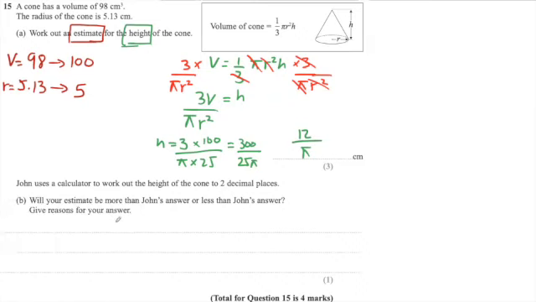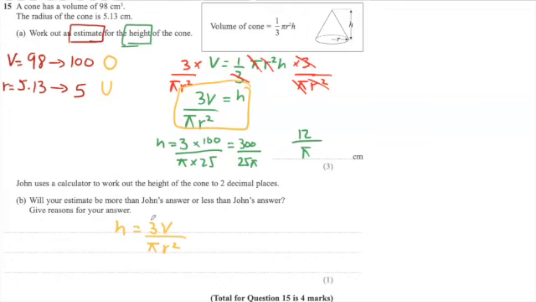We know that the height was 3V over pi r squared, right? And we overestimated the volume, so this was an overestimate. And the radius was an underestimate. The formula I'm using is right here.